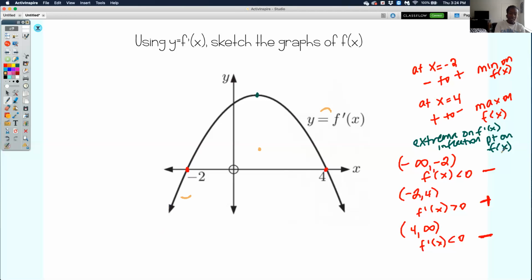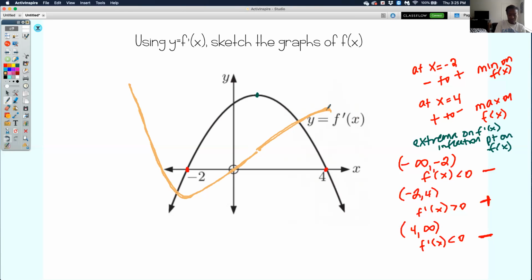That means I should be decreasing on my original function until -2. Then I should be increasing from -2 to 4 because that's where it's positive. And then somewhere in between, I should change from being concave down, as we can see, because that's how we get the minimum, to being concave up, but still increasing.